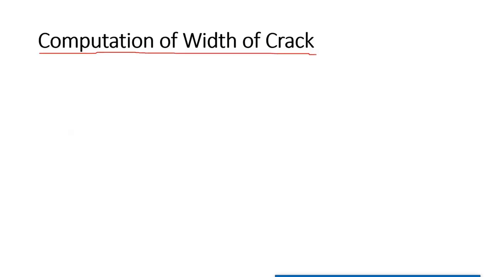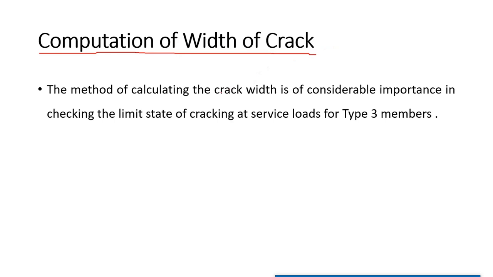Computation of width of crack. The crack width computation is of much importance in the case of type 3 members. Okay, so for type 1 and type 2 members there will not be any cracking, and this limit state of serviceability for cracking is not much important in the case of type 1 and type 2 members, and it is important only in the case of type 3 members, that is, partially prestressed concrete.